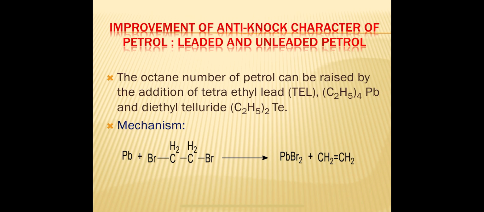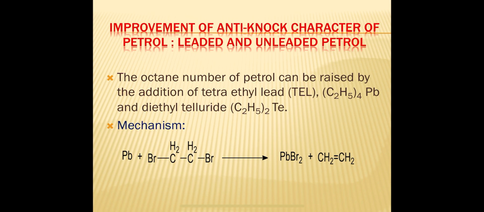The mechanism of increase of anti-knocking character by the addition of TEL can be explained as follows. First, tetraethyl lead is converted into a cloud of finely divided lead oxide particles in the cylinder. These particles react with any hydrocarbon peroxide molecules formed, thereby slowing down the chain oxidation reactions.